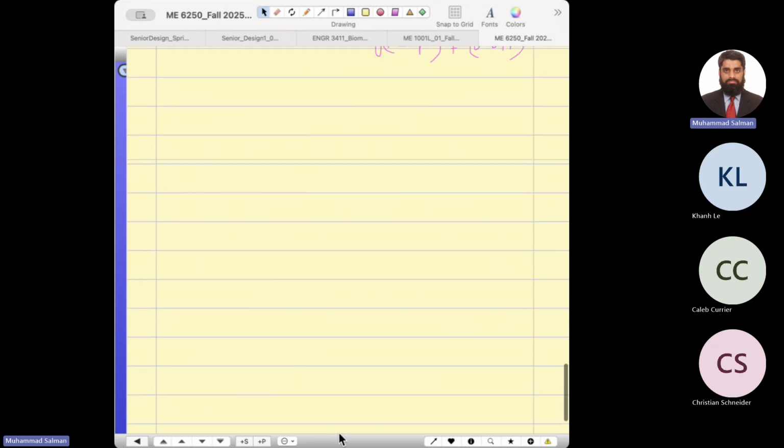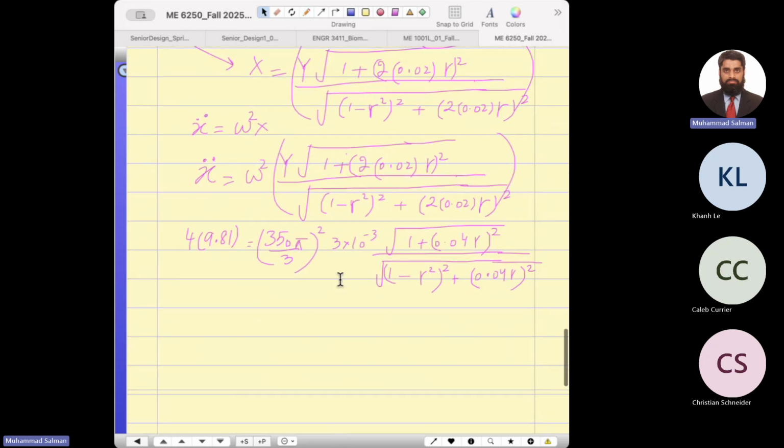Okay guys, so how can you find out r square from here? If you do the math here, let me show you the equation which you get when you go home. Try to do the algebra.